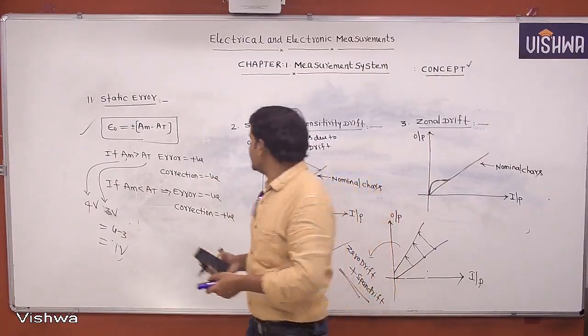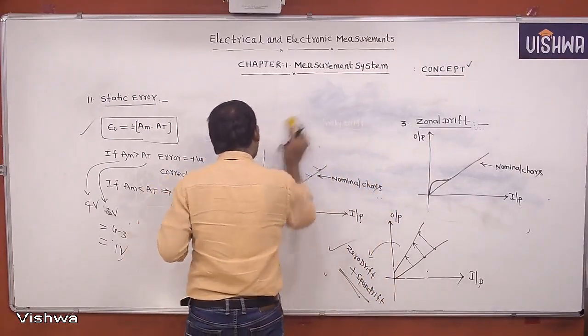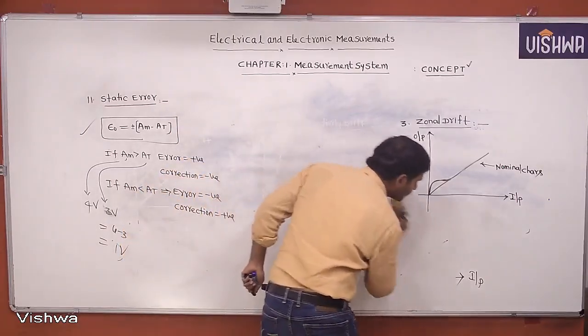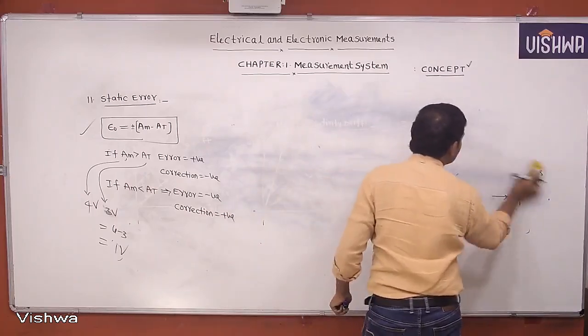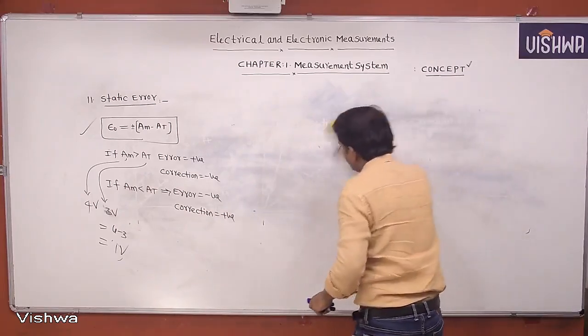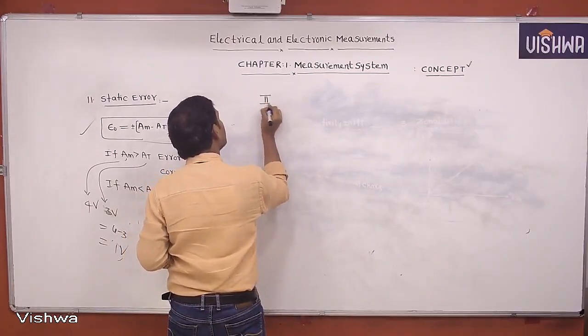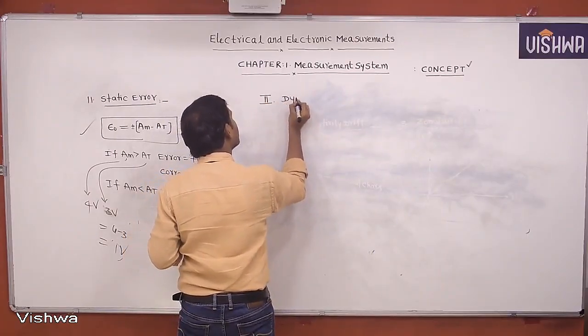Listen please. The second characteristic is the dynamic characteristics of an instrument.